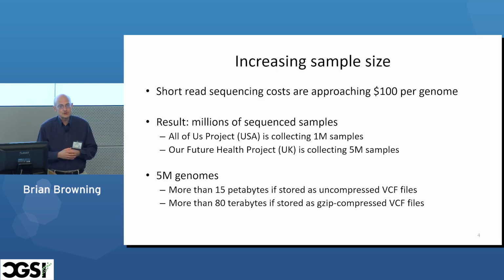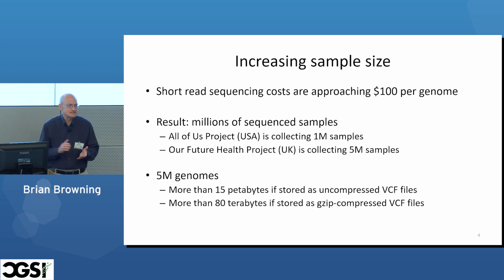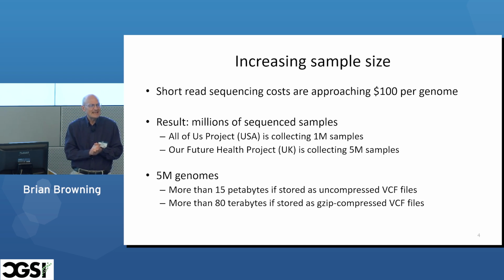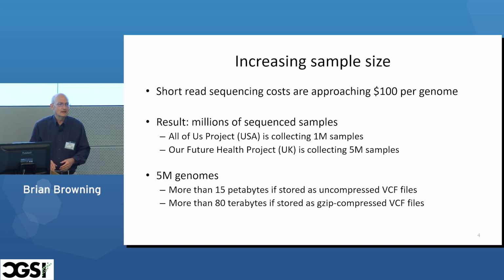But as you go on in your career, if you're dealing with large sample sizes, you may encounter data sets of this size, at least in uncompressed form. You can use gzip to compress it, and that does quite well. It gets down to 80 terabytes, but that's still inconvenient, to say the least, to deal with. You spend a lot of time copying files, spend a lot of time waiting for bits to shift around.